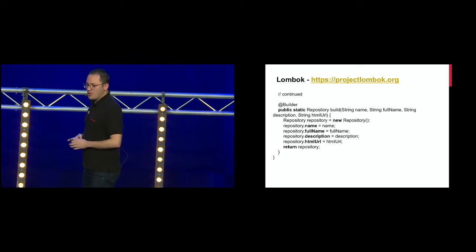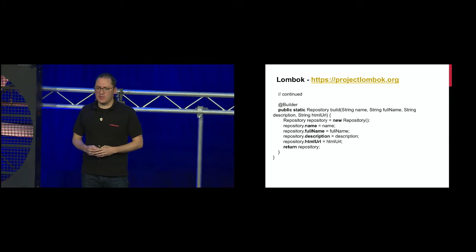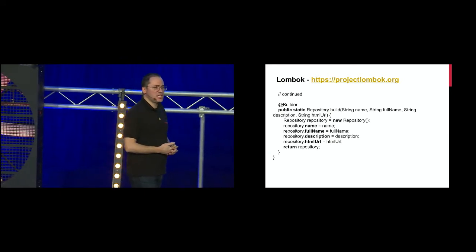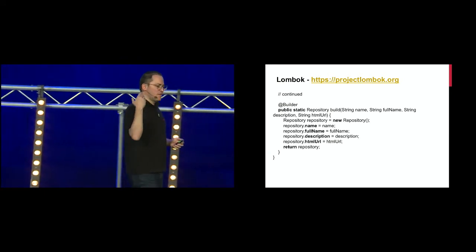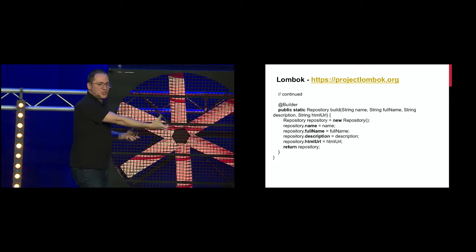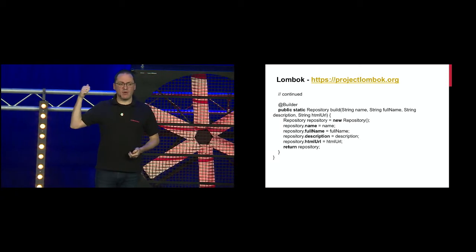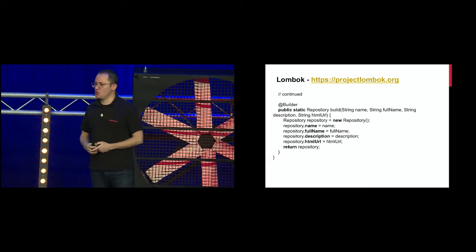Here's another example. Have you ever used the builder pattern? Perhaps using Fluent interface design when you invoke a method, set the value, and then return the same instance so that you continue chaining methods? Well, that's exactly what the @Builder annotation allows you to do.